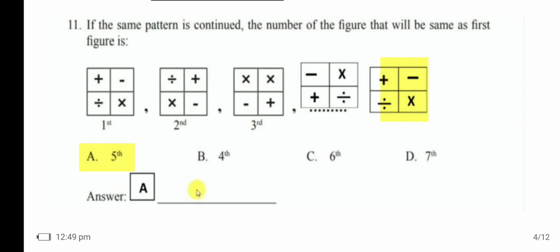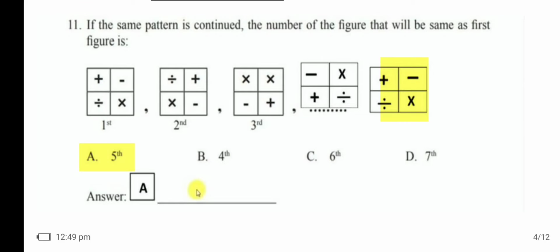So here, in the same pattern, if the same pattern is continued, the number of the figure that will be same as the first figure is. See, the first figure you can see, second and third they have given in the question, but fourth and fifth I have drawn for you so that you can easily understand. The symbols keep on changing.